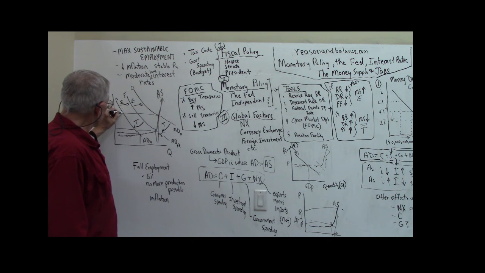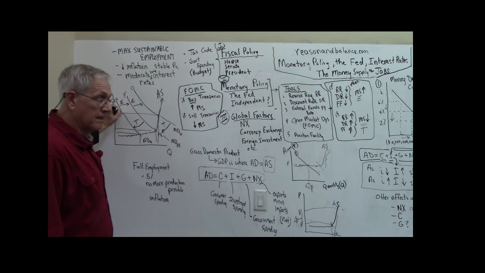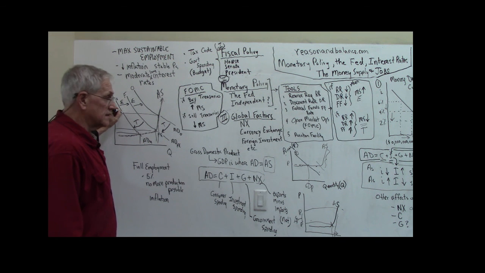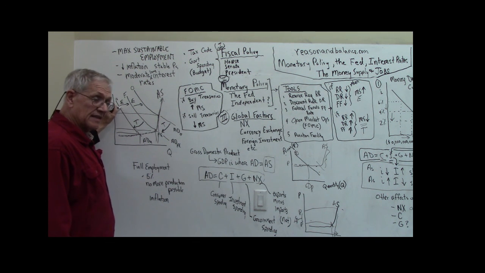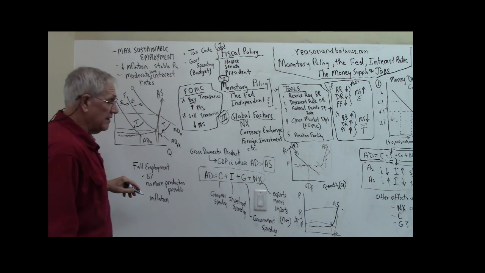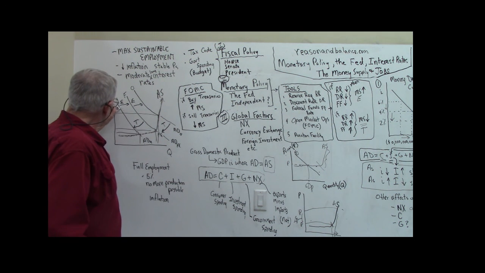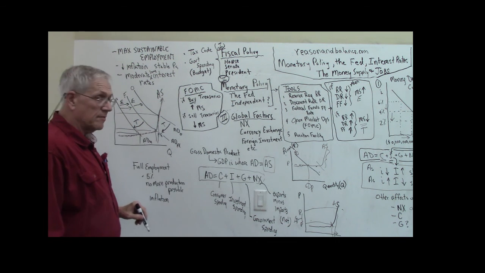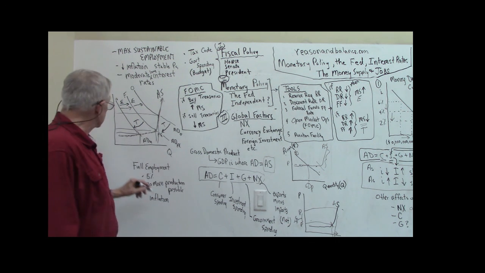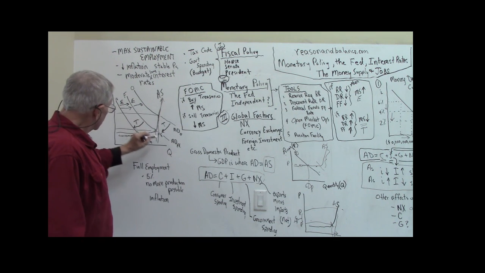If we were back here before, like we've been for how many years, since 2007, 2008, you needed easing. You should have had easing, and they had quantitative easing and all that. They were trying to move the aggregate demand curve this way by doing a lot of quantitative easing to try to get it to full employment.